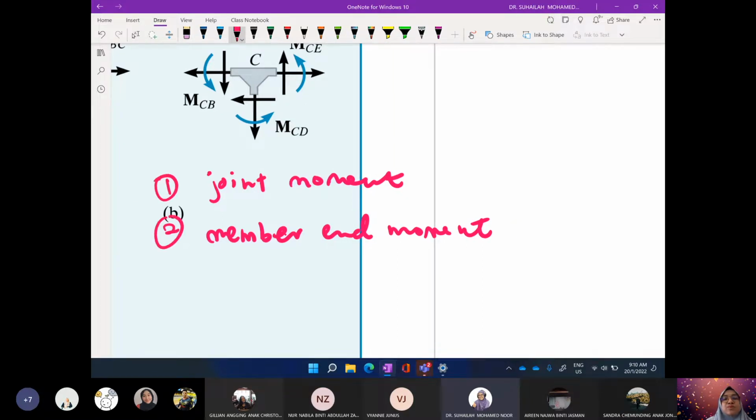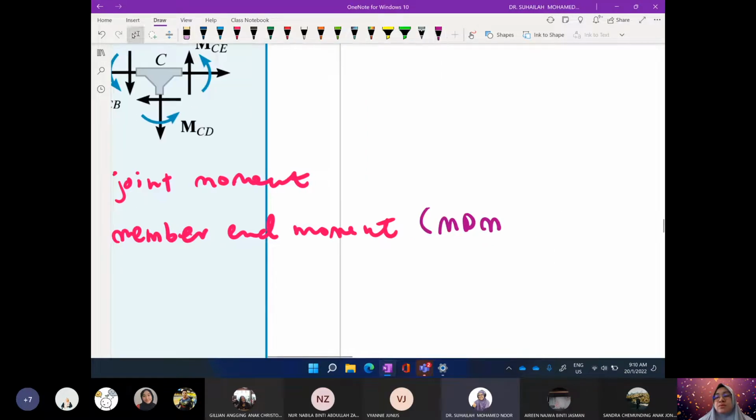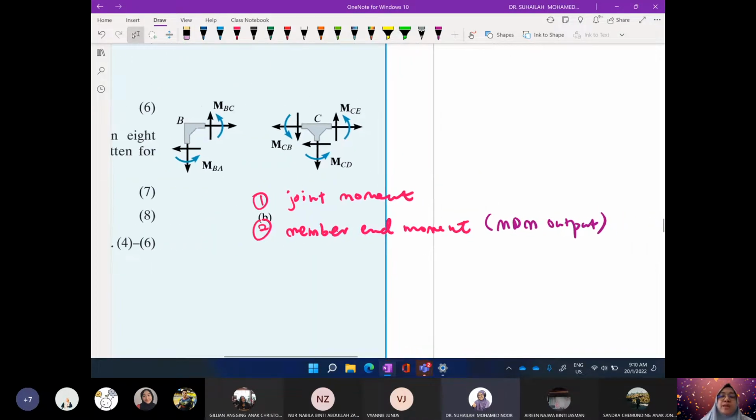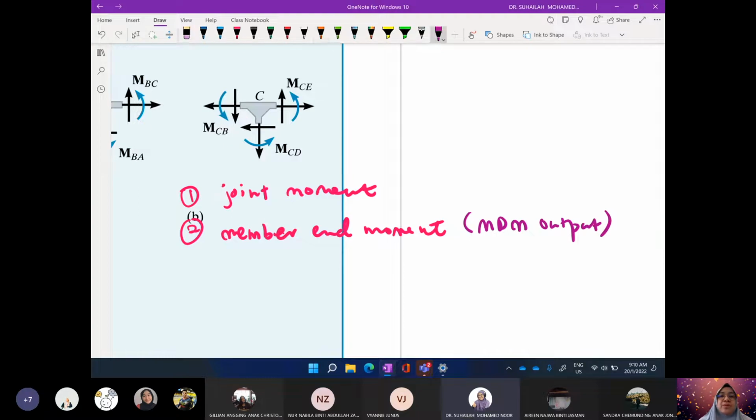The output in the moment distribution method, the MDM output, is what we want to calculate: the member end moment. We calculate the member end moment using the joint moment.